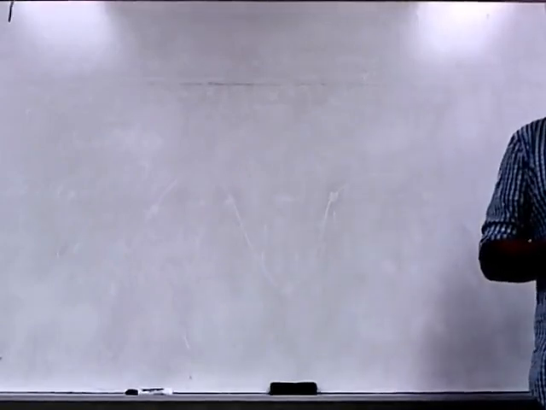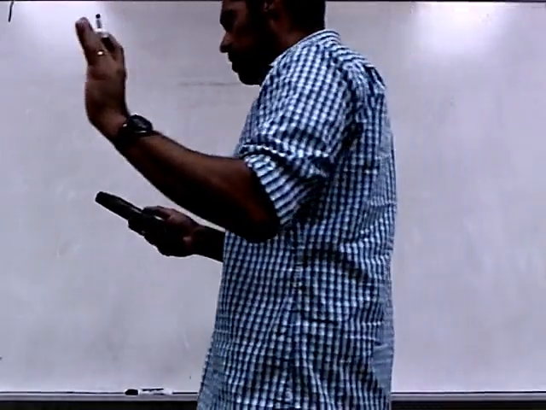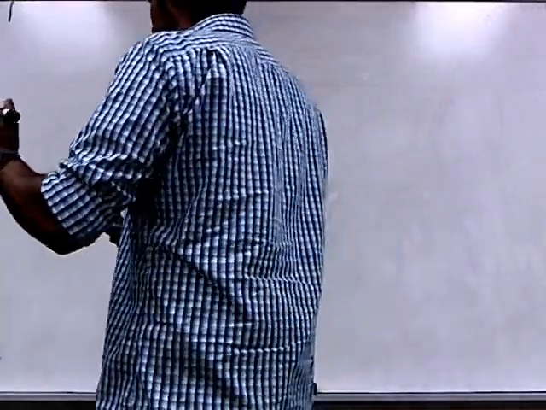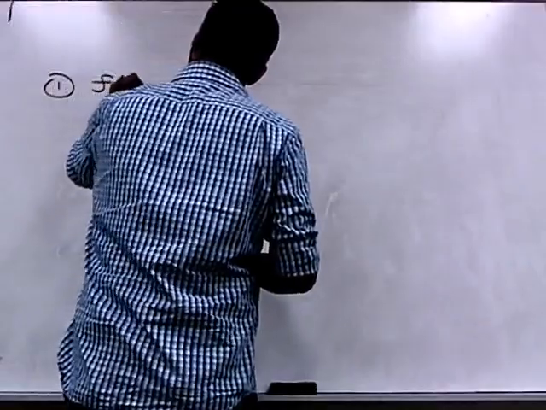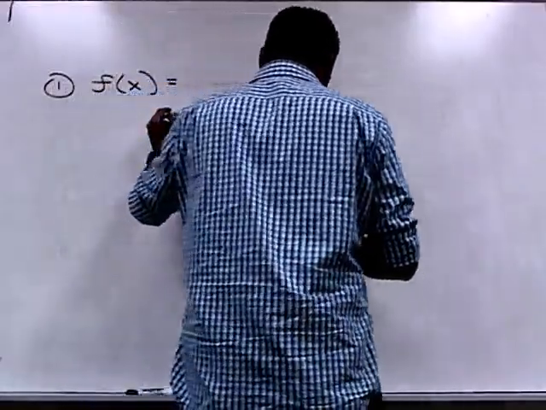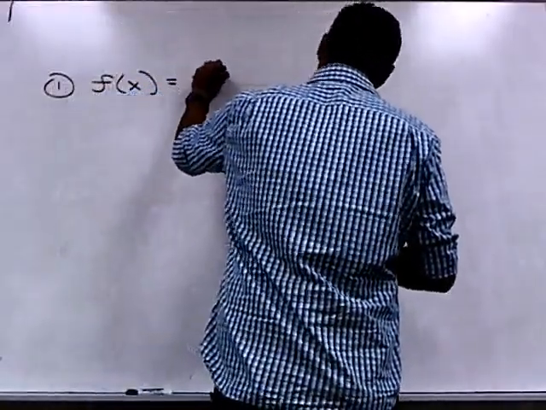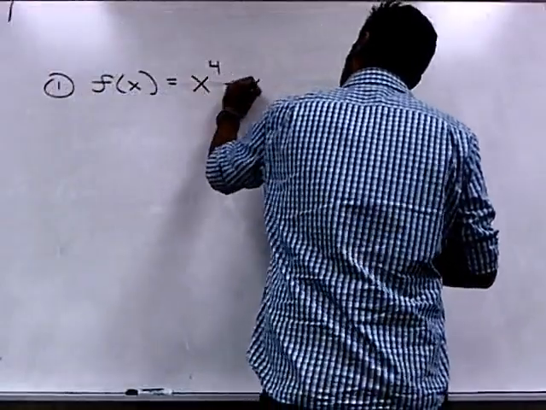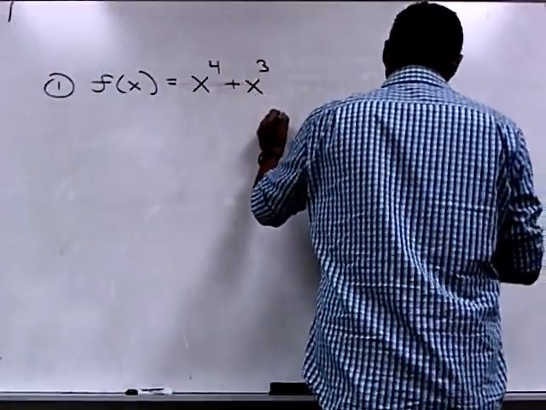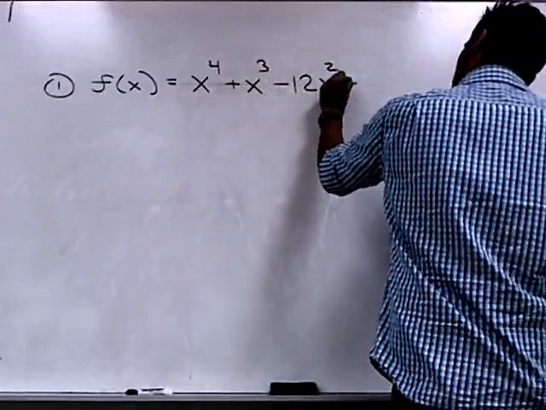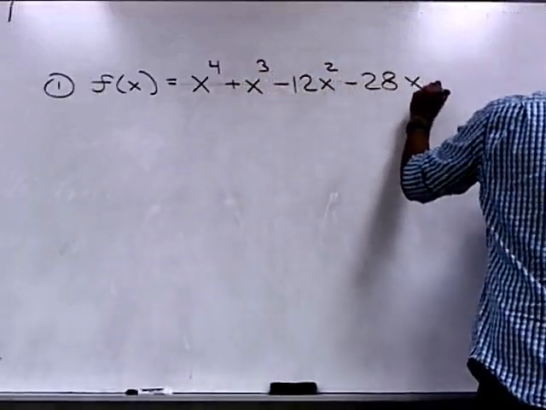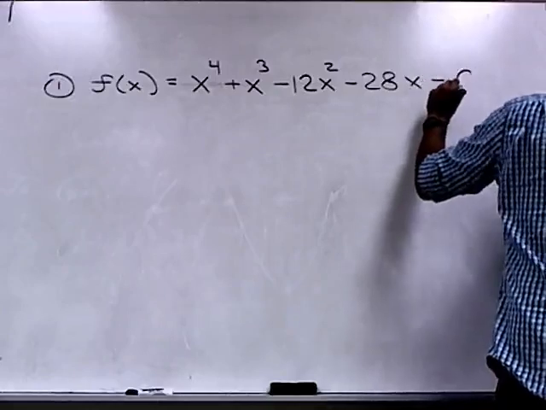All right, so before you get started, let me write these on the board. The first one, f of x, is x to the fourth plus x cubed minus 12x squared minus 28x minus 16.